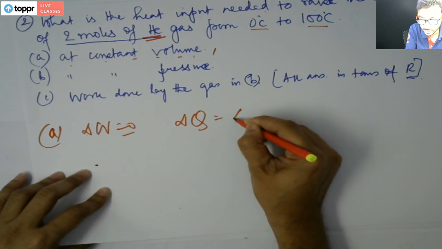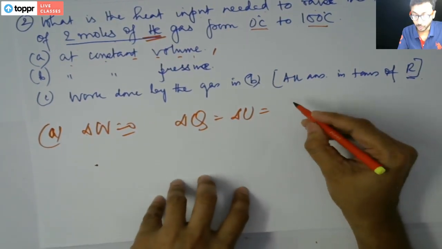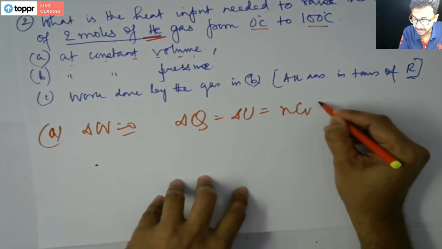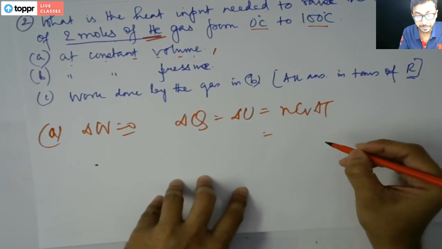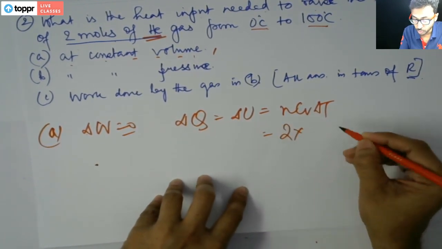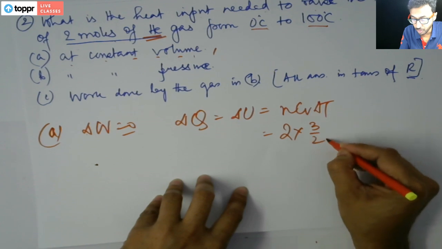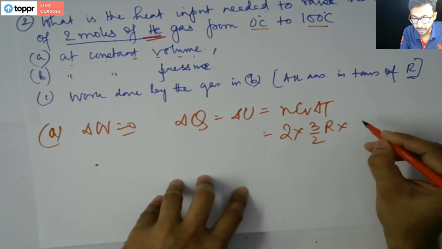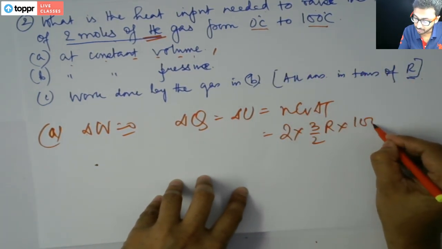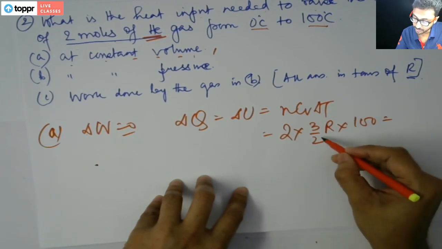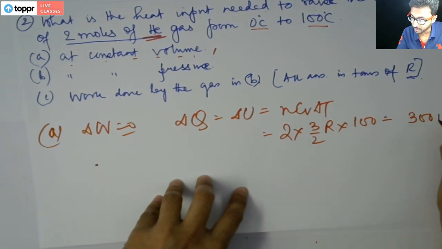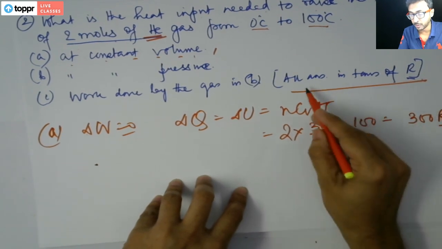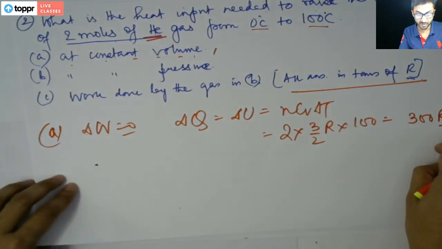So del Q is nothing but del U, which is n Cv del T. 2 moles, Cv equals 3 by 2 R, del T is 100. So it is 300 R. We'll keep all the answers in terms of R.